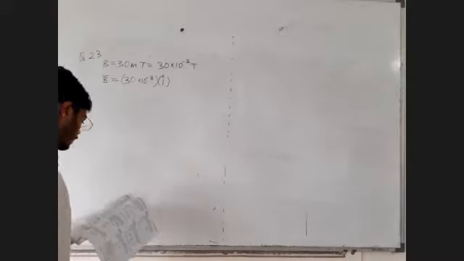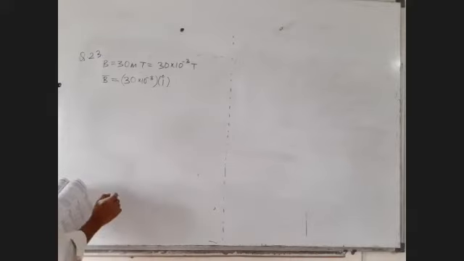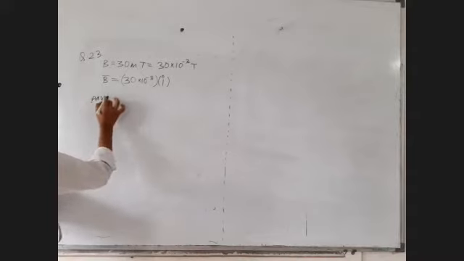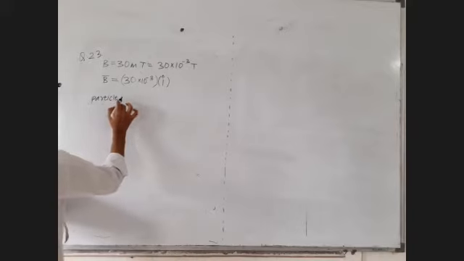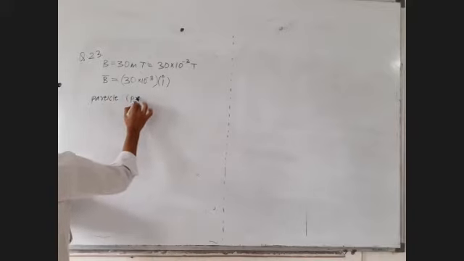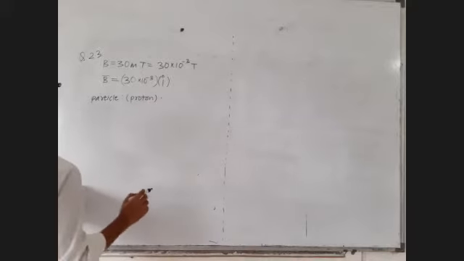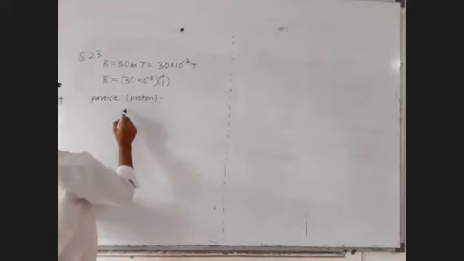The particle of charge plus e and mass 1.67. One particle is given to you. Definitely it's a proton. They have not said that it is a proton, but they have given its charge.